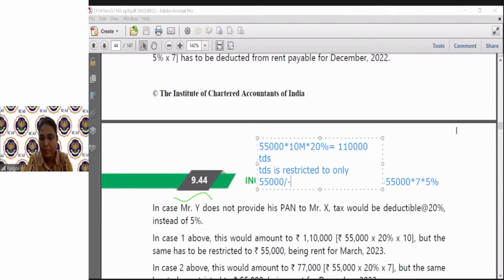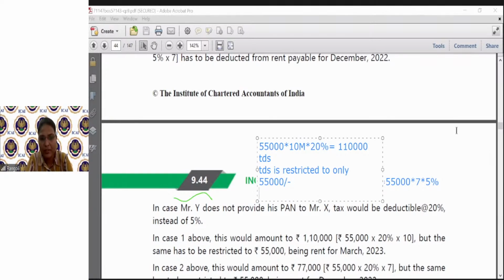The rent payment is pending only with respect to March month. Now, my rent amount is 55,000, but my TDS comes to 1,10,000. Therefore, my TDS is restricted to the amount of 55,000, that is the amount of last rent of last month.